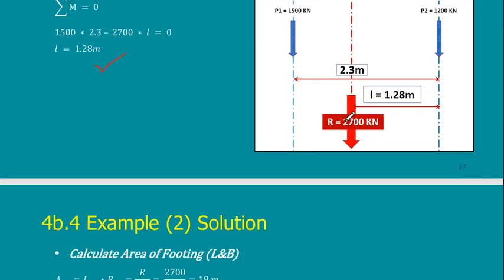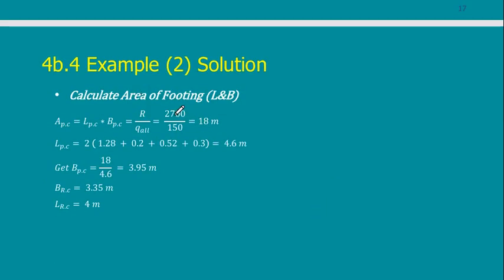So 2,700, if I divide it by the bearing capacity of the soil, it will give me the area of the footing that I need. Of course, I'm using the working load, not the ultimate, because I am dealing with the bearing capacity of the soil. So it is the code of the soil that deals with the working loads. So 2,700 divided by 150 equals 18.